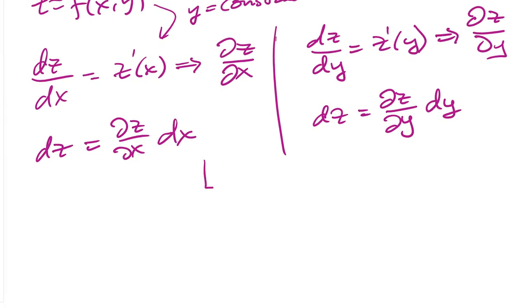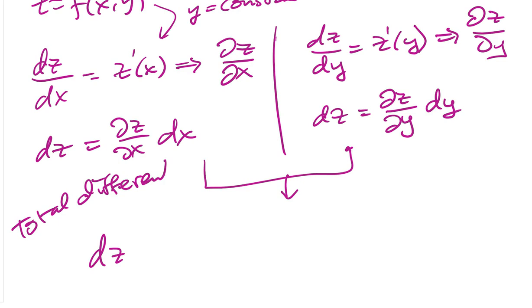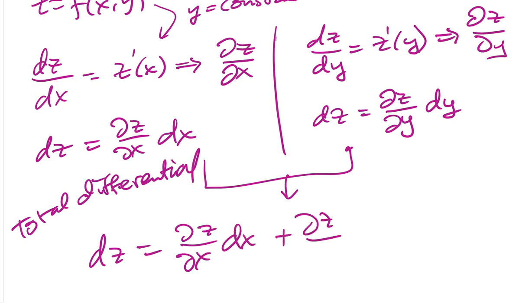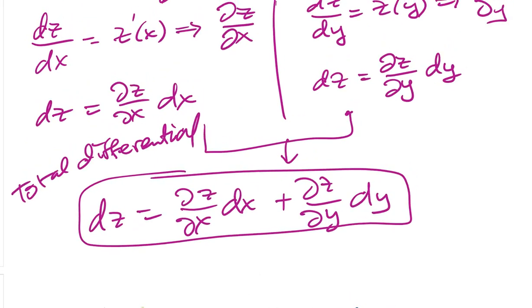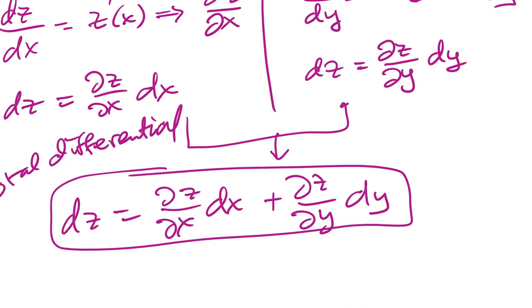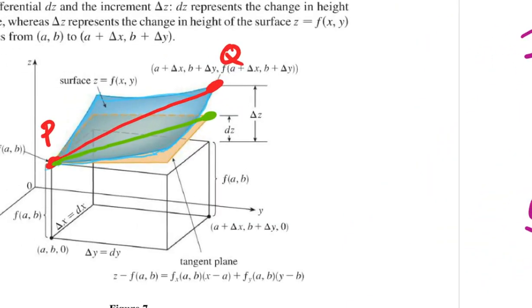Now, using a little bit of advanced calculus, we get the total differential. It's called a total differential. All right, total differential is partial z with respect to x times the change in x plus the partial z with respect to y times the change in y. Okay, and so what this is going to do for us is show us the change in my surface from one point to another using the differential instead.